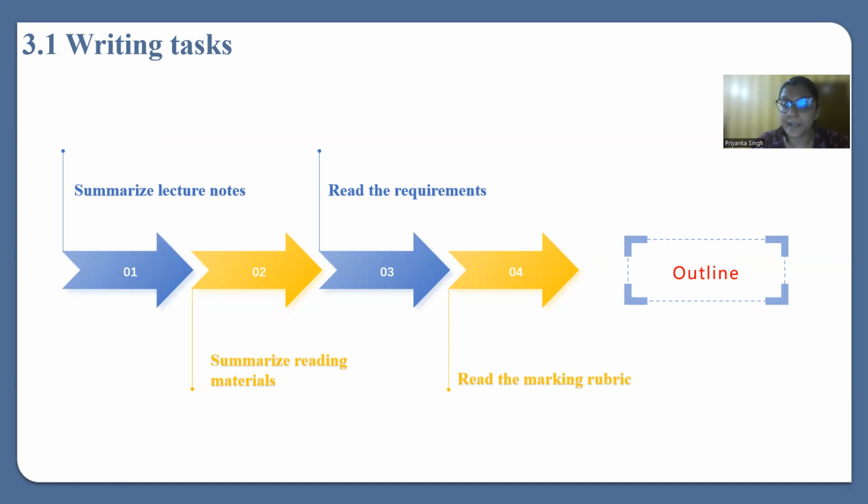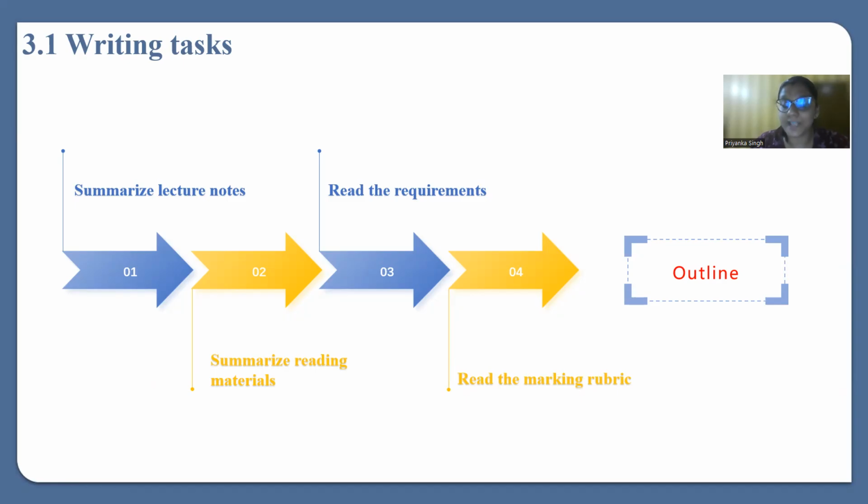Third, we use AI to read the requirements. Fourth, we use it to help read the marking rubric. Finally, when all these steps are done, the output given by ChatGPT is our outline for this specific writing task, which we can use in practice.